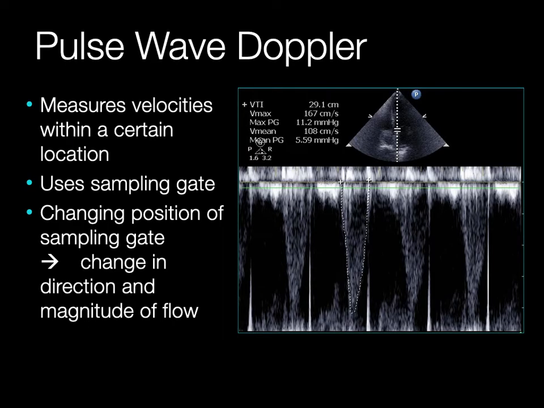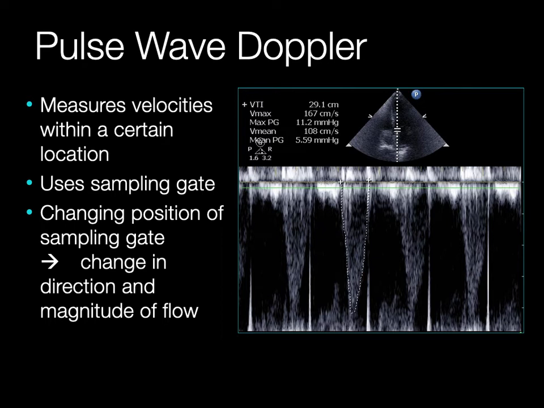We also use pulse wave Doppler. Pulse wave Doppler uses a sampling gate, and that sampling gate allows you to measure velocities within a certain location. You can change the position of the sampling gate and then change the direction and magnitude of the flow.